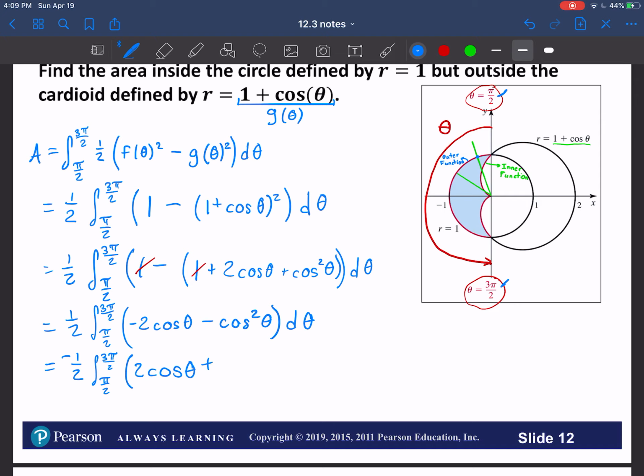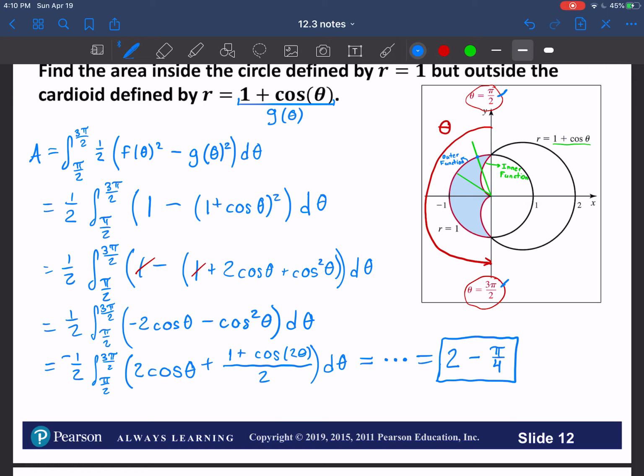We can replace cosine squared of theta with 1 plus cosine 2 theta, all divided by 2. And then I'm going to go ahead and skip several steps here, just so I don't bore you with all the calculations. But basically, eventually you should come up with the answer of 2 minus pi over 4. Alright, and so that would be our answer.